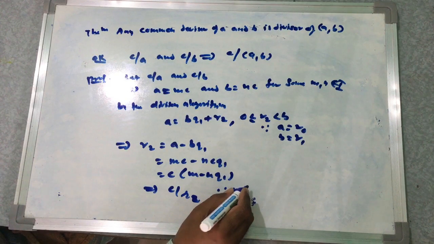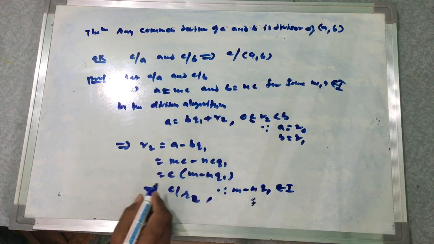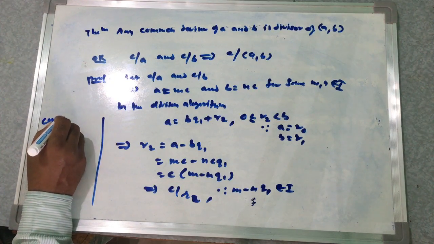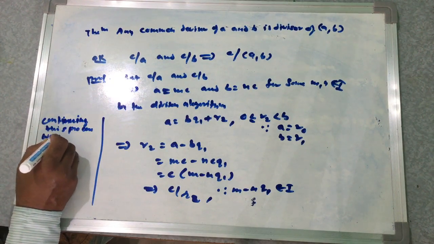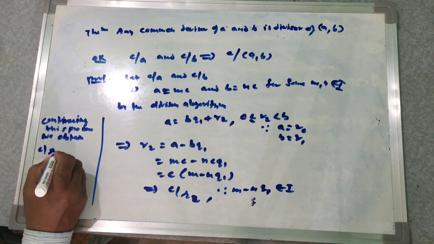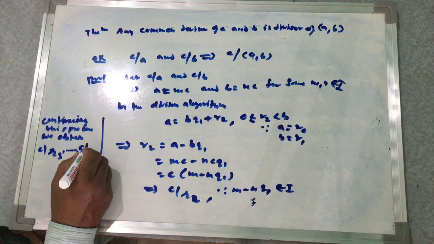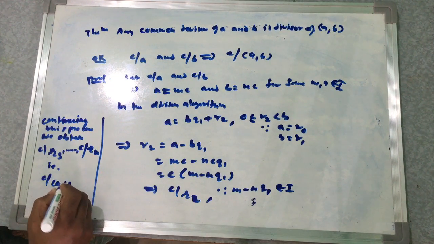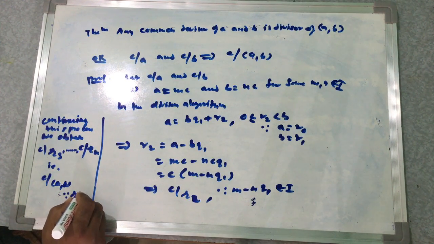where m minus nq1 belongs to the integers. So continuing this process, we obtain c divides r3, c divides rn, that is again c divides gcd(a, b), as we know r_n is equal to gcd(a, b).